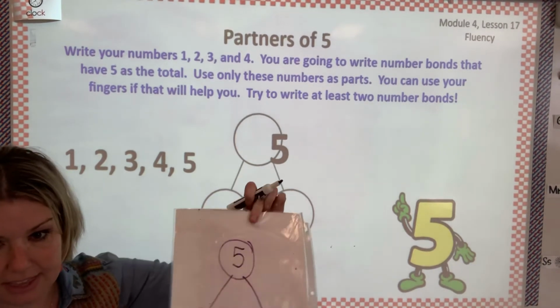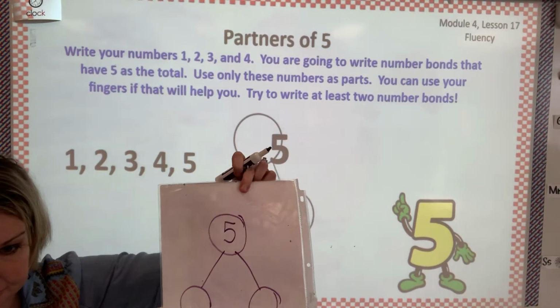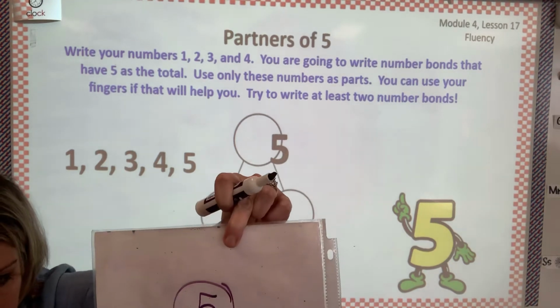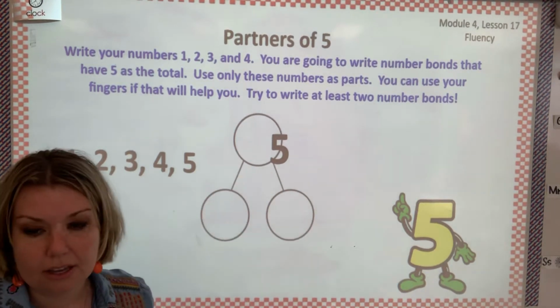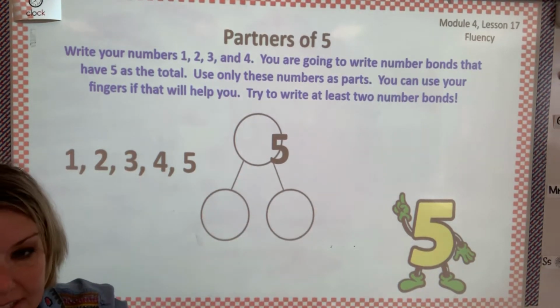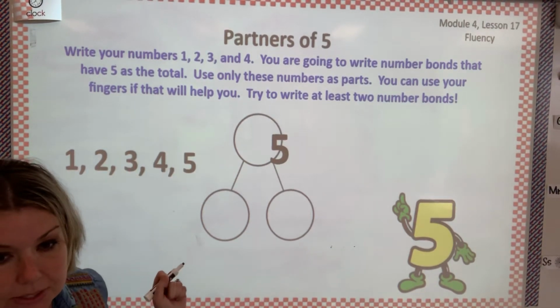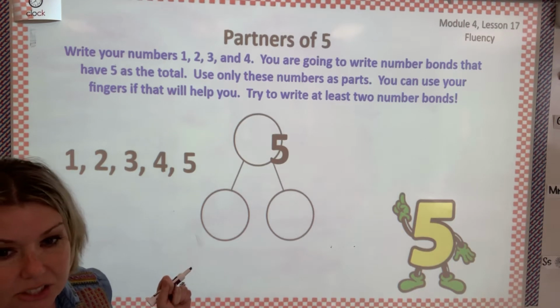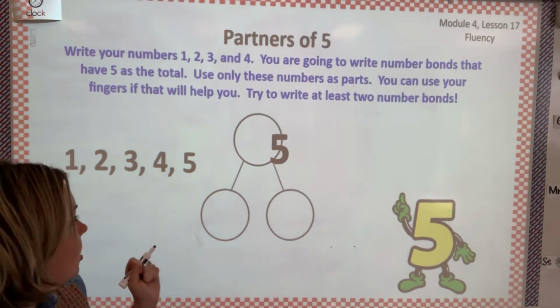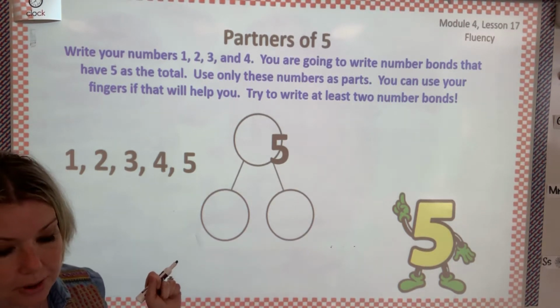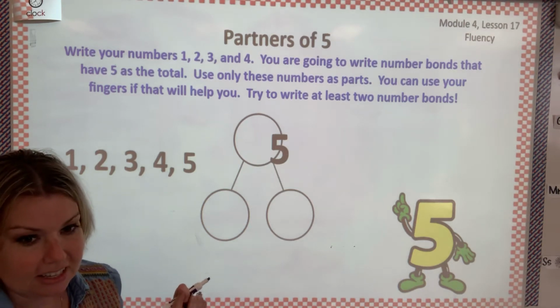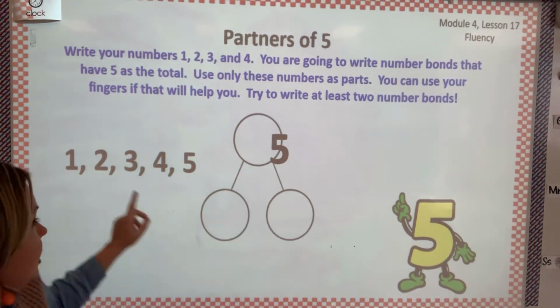So it looks like this, right? And then if you want to, I think it's a good idea to keep your numbers on the side so that you can use them. I like to do this. This is kind of called a rainbow way. So if I have 5, I'm going to start with 1.